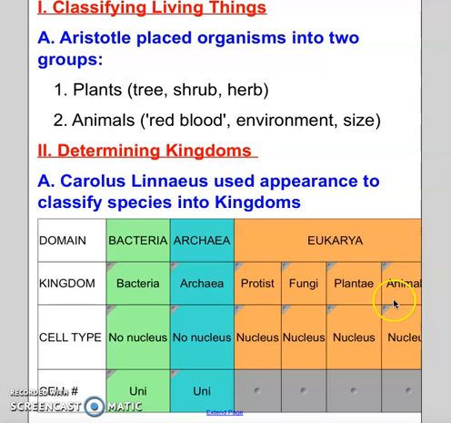Now the cell type: all eukarya, or eukaryotes, have a nucleus. I know we don't know what a nucleus is yet, but it just means that they have an organelle or a structure that holds their DNA, their genetic material. The cell type is multicellular. So you can see the difference between bacteria, archaea, and eukarya with this table.